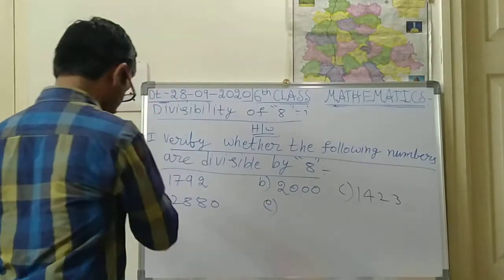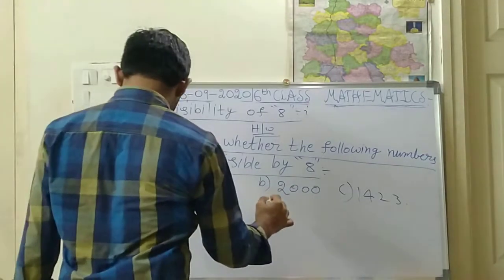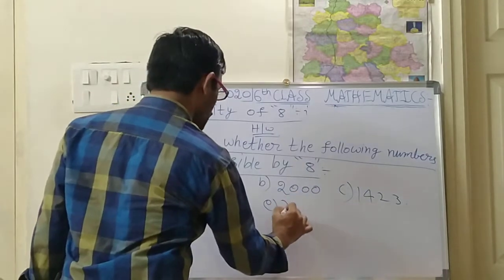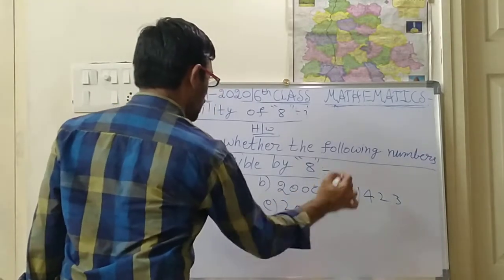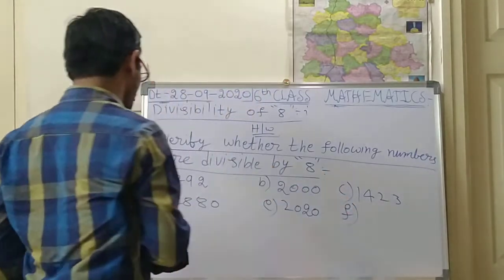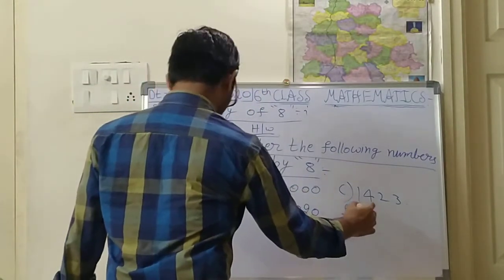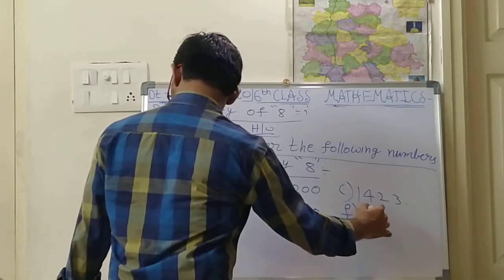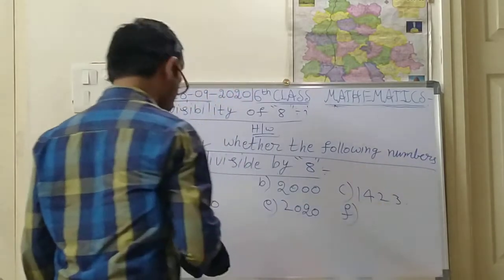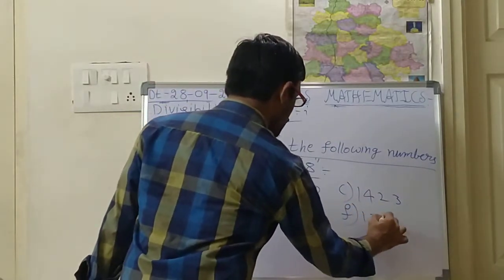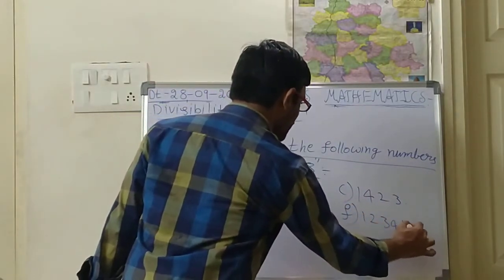Next, E problem, 2020. Next, F problem, last problem, that is 1 2 3 4 5 6.